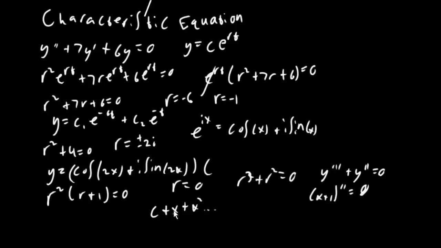All of these have constants, so c1x plus c2x squared dot dot dot, all the way up to x to the n minus 1 if we have r to the n. And so the characteristic equation will encompass exponential functions, it'll encompass trig functions, and it'll encompass polynomials, which is already most of the equations that we'll encounter in differential equations.